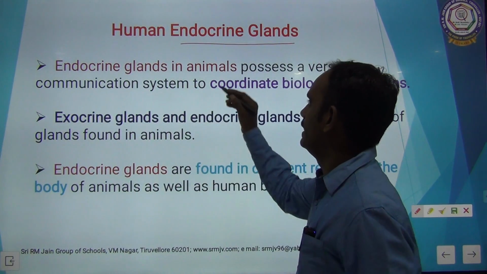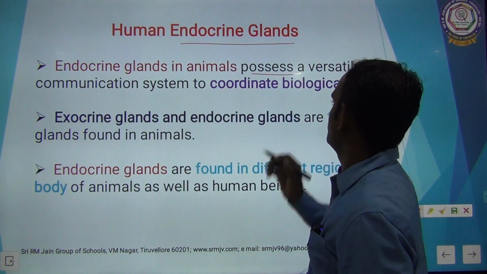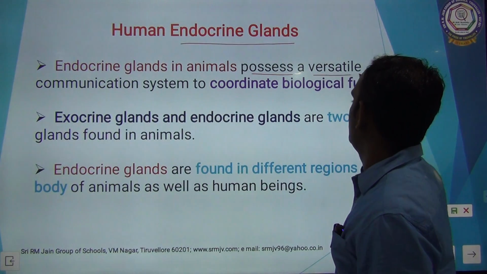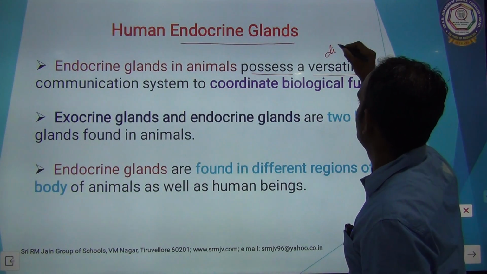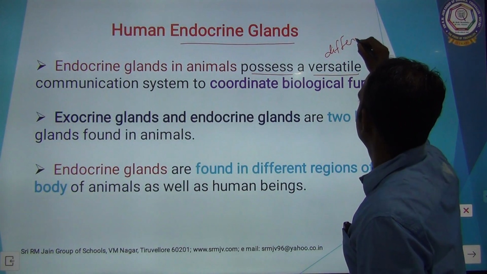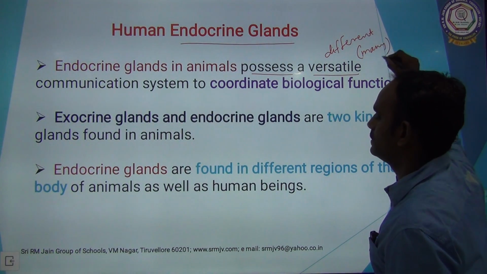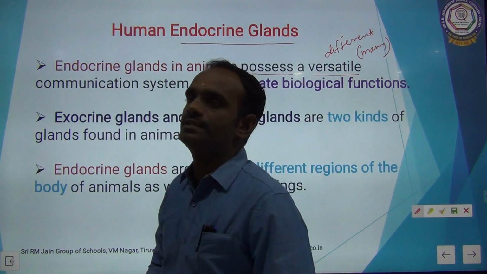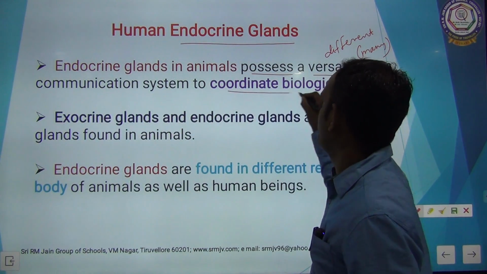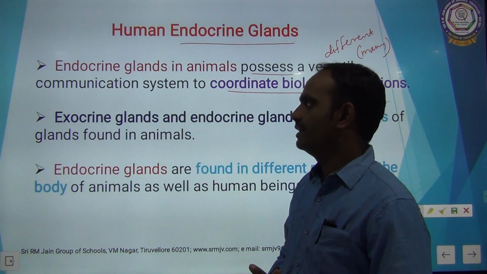Endocrine glands in animals possess a versatile means, or many, communication systems to coordinate biological functions.